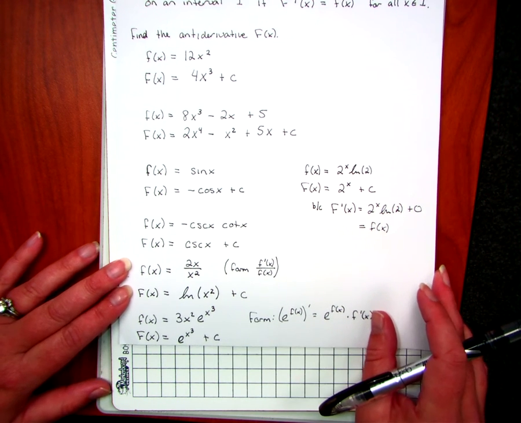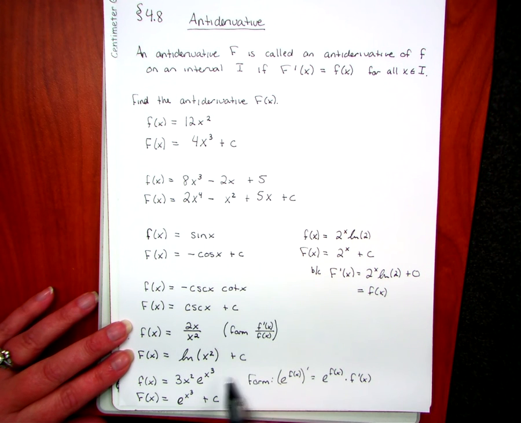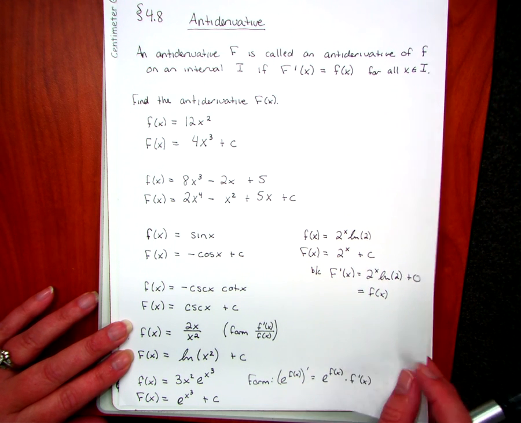All right, so now we're going to look at finding an antiderivative without the constants, and the only way we can do that is if we're given some points on the original function that we can plug back in. Okay.